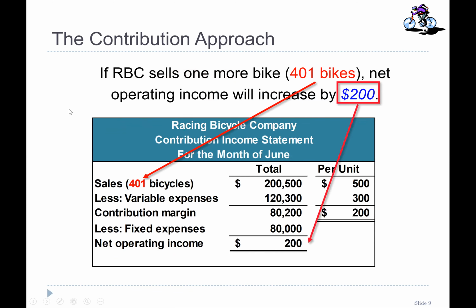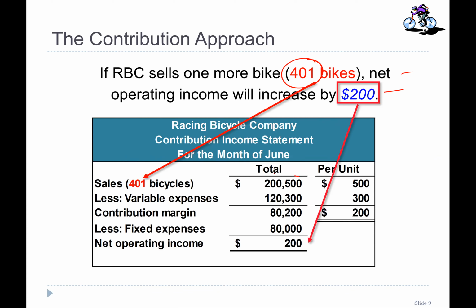So now our other definition, in which we talk about after covering fixed cost, whatever we sell, the contribution margin directly contributes to the operating income. Now we are proving that argument. So if RBC sells 401 bikes, the net operating income increases by 200. Let's talk about this.